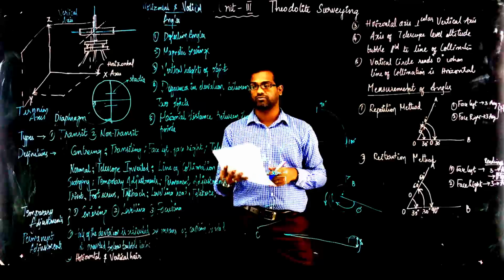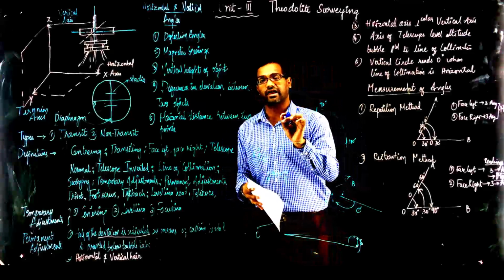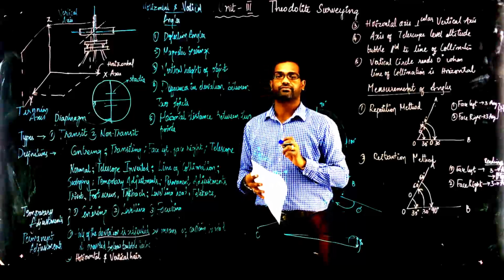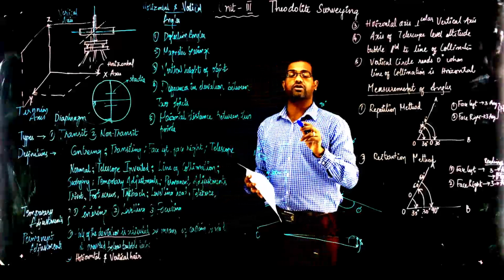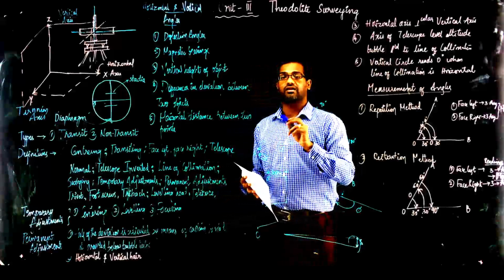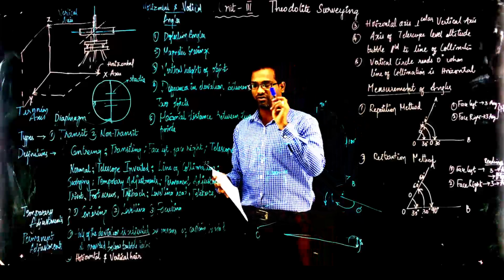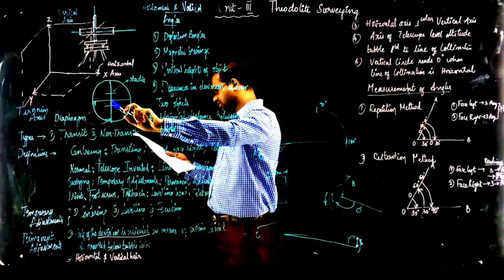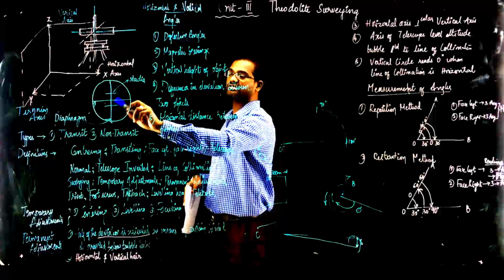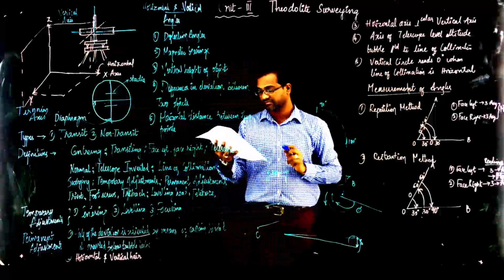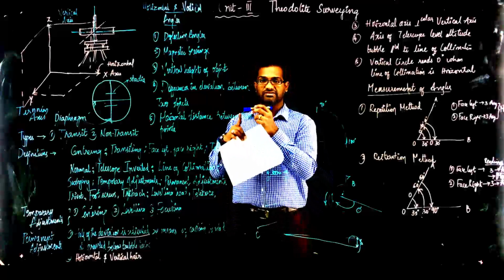What is the line of collimation? The line of collimation is an imaginary line joining the crosshairs center in the diaphragm and the center of the objective glass, and its continuation.